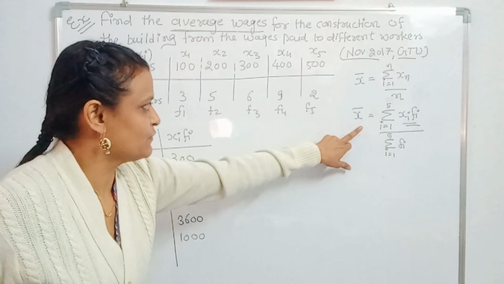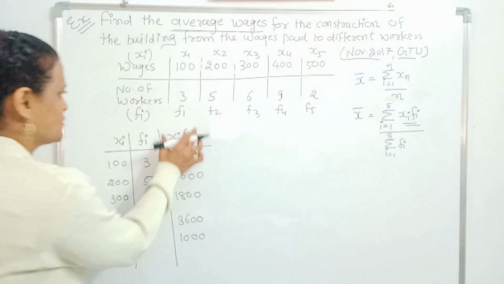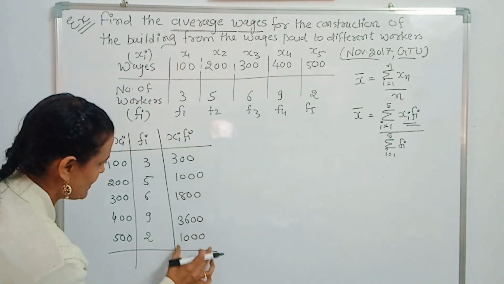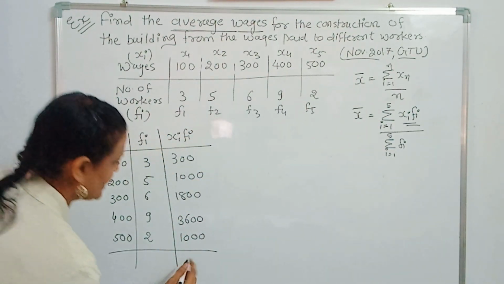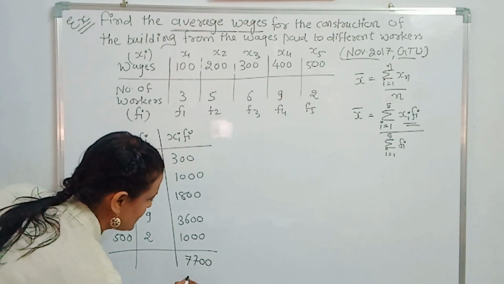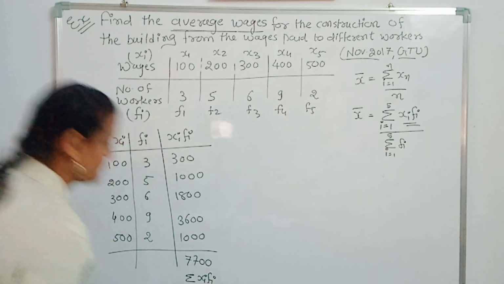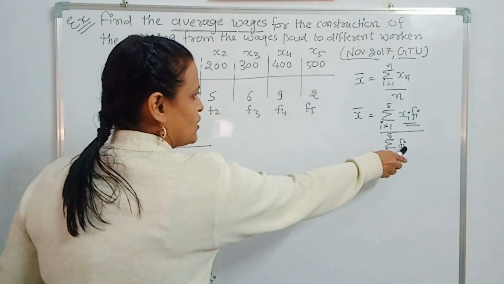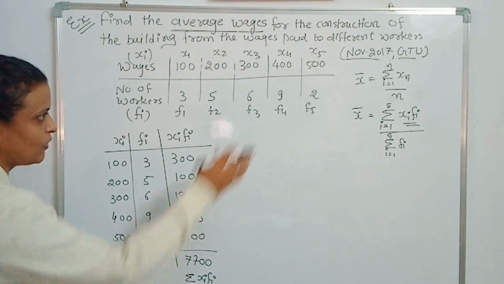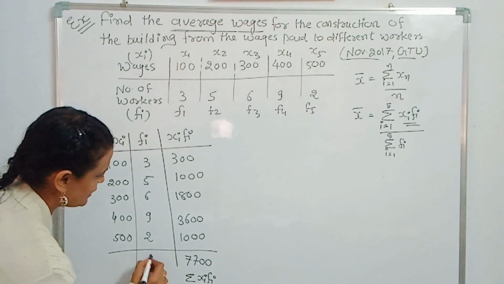According to this equation, we require summation of all xi fi. That means summation of this column. So if we add all these values, we will get 7700. This value is nothing but sigma xi fi. In this equation, we also require the addition of all f terms, all 5 f terms. So if we add all these values of fi, we will get 25.